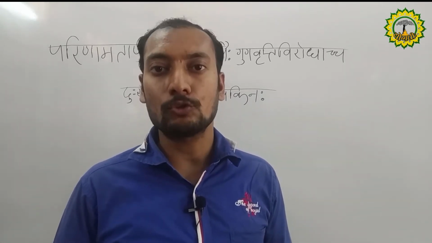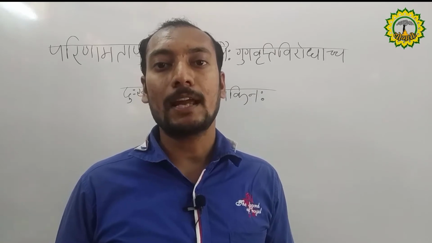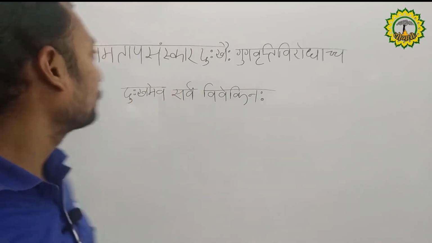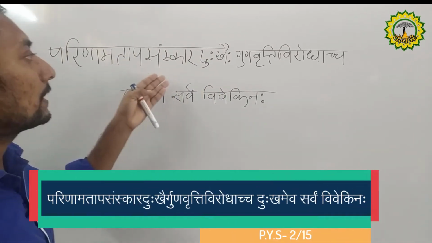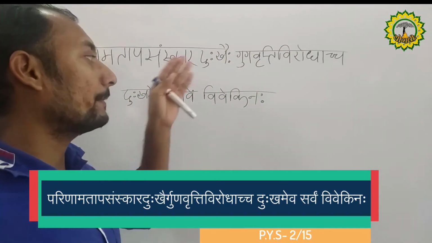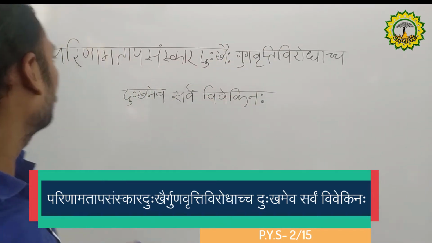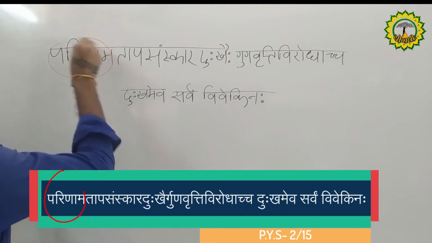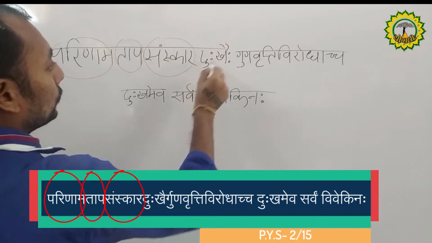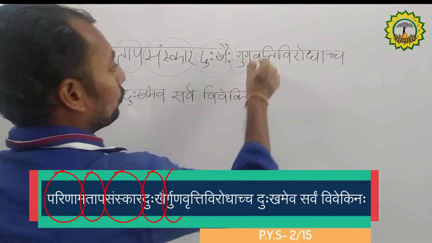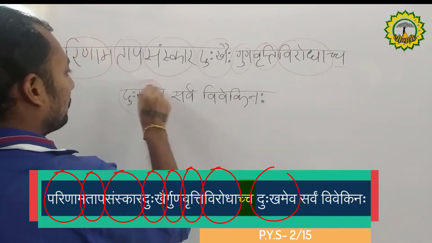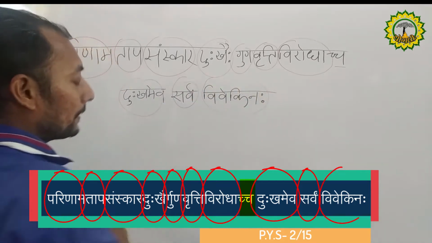Based on that, in this sutra we will be learning the three types of dukkha under parinama. This sutra tells: parinama tapa samskara dukkhaihi guna vritti virodhacha dukkham eva sarvam vivekinaha.